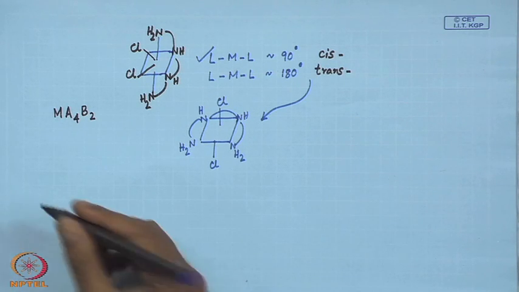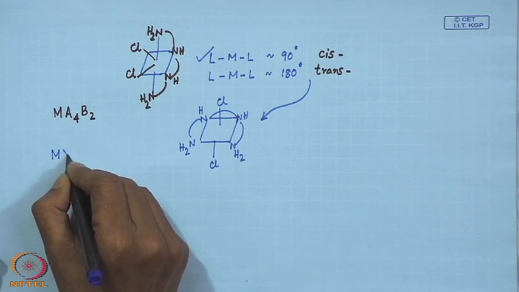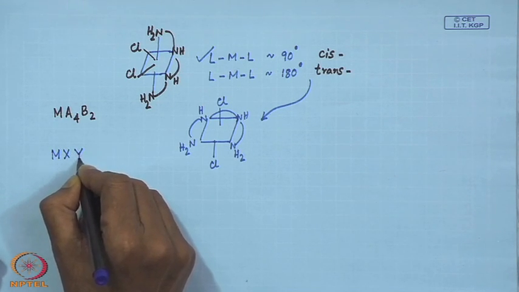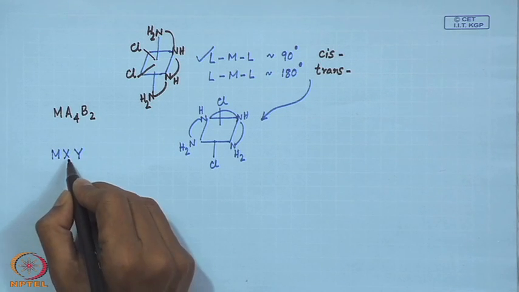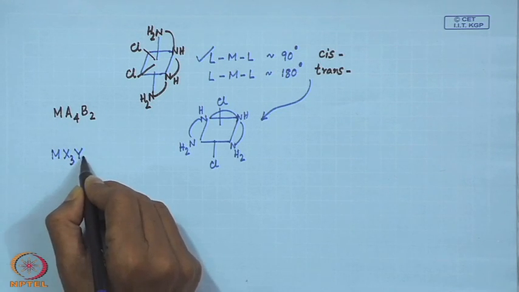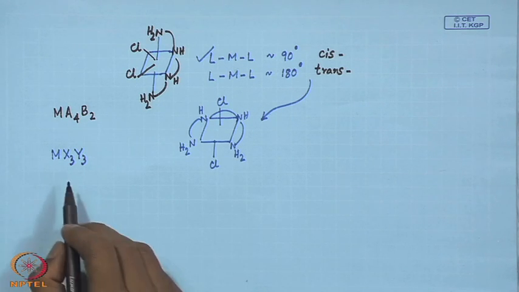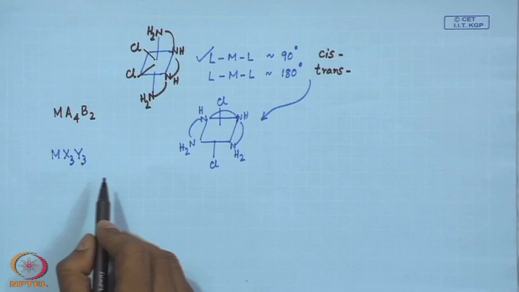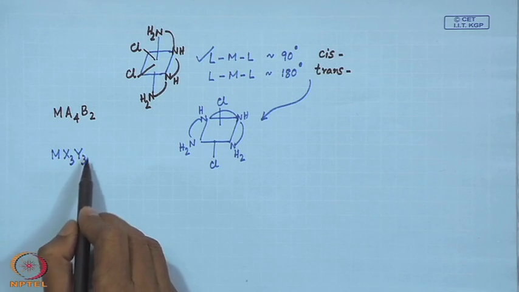Now we move on to the other system where we can have two different ligands again, like A and B or X and Y, it is all the same, but their numbers are now 3 each, that means 3 of X and 3 of Y. And what type of possibilities can we have with this type of arrangement?